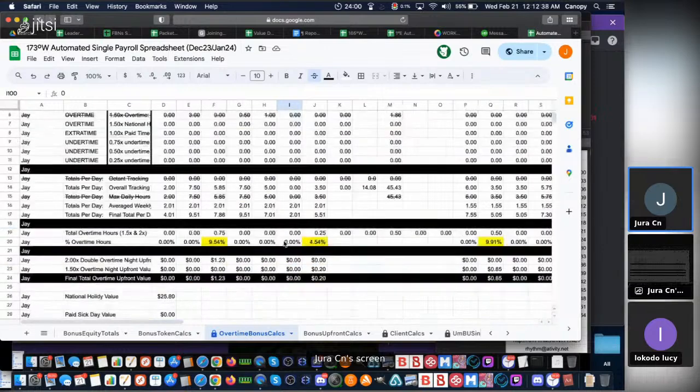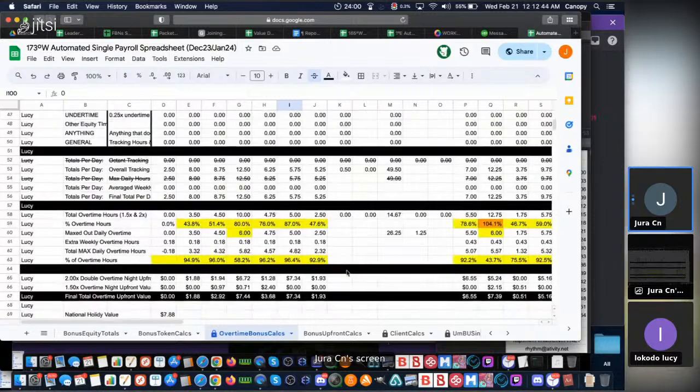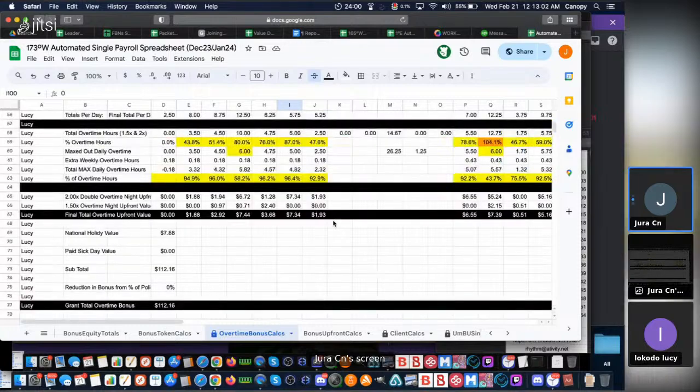So for me, I track in both. But this one, the 173, we didn't have that, but in the future, it won't matter where you track your hours. What does matter is that you track your hours either in the octant or in your assigned work priorities, and then also you track it in your overtime. Okay, so you do both. Does that make sense?